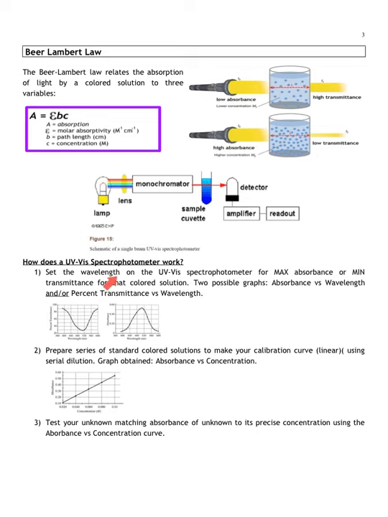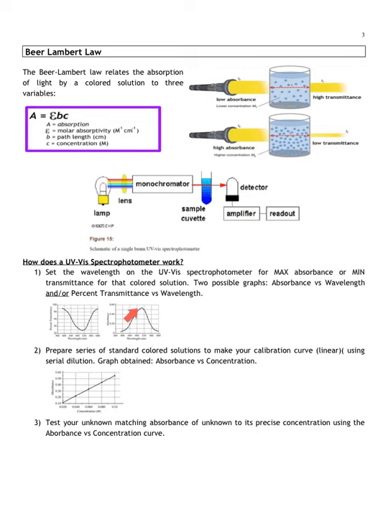How does a UV spectrophotometer work? The first thing you want to do is set the wavelength on the UV spec for the maximum absorbance or minimum transmittance. So you can either look at max absorbance or the inverse of that, which is transmittance, for that colored solution. And what you do is you get two different graphs, a transmittance graph and an absorbance graph.